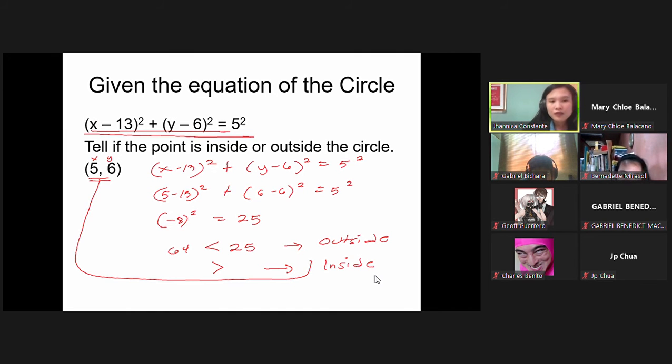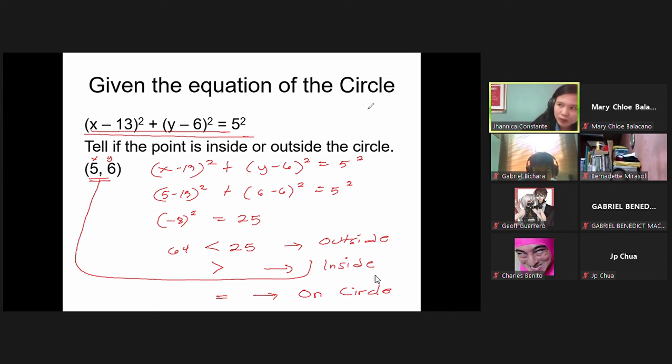But if the number is equal to the radius, that means that point is on the circle. So that's how you're going to identify if the given point is outside of the circle, inside of the circle, or on the circle. Kapag ang statement ng equation or ng number is greater than, that means it's outside. If it's less than, that it's inside. If it's equal, that means it's on the circle.